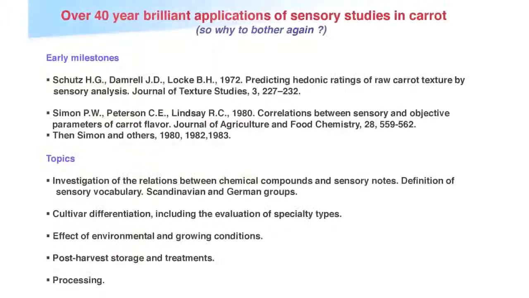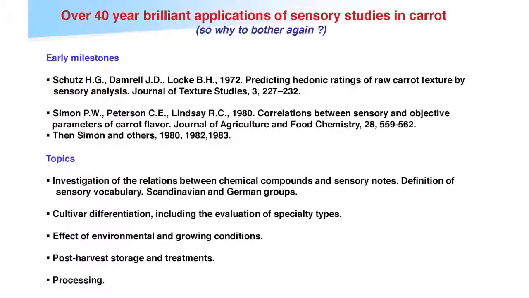Indeed, carrot is perhaps, after tomato, the vegetal crop to which sensory evaluation has most frequently been applied for quality evaluation. You see, it's quite a long time, over 40 years, that sensory studies are applied to carrot. So what is new?